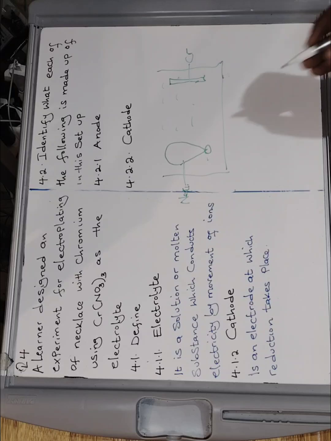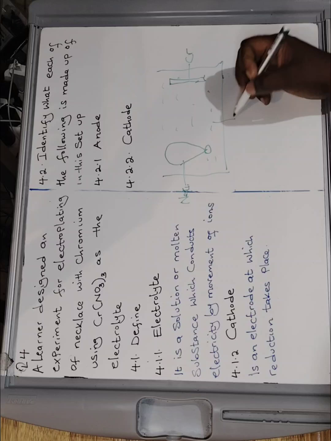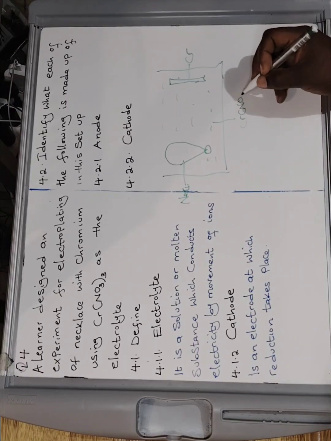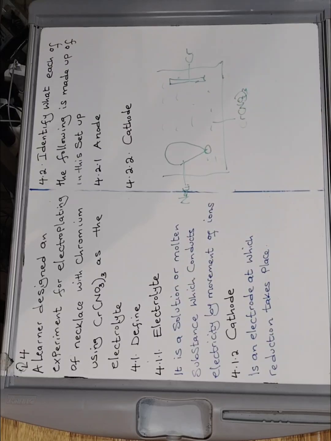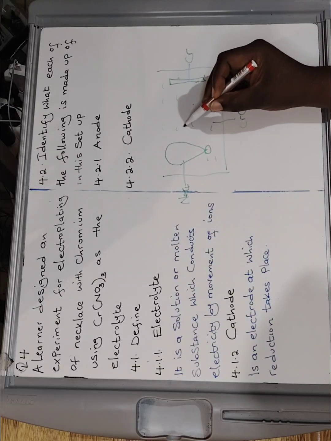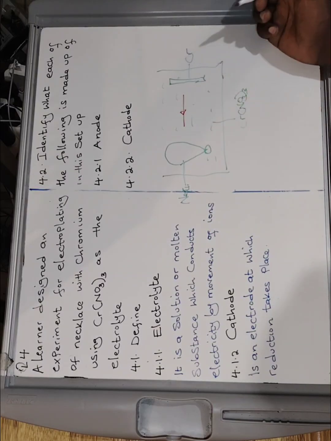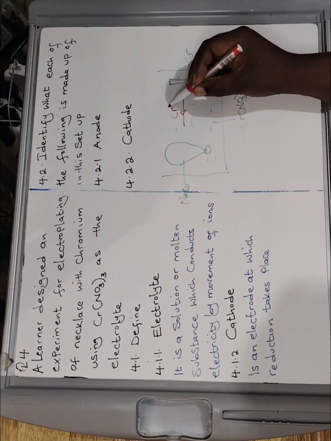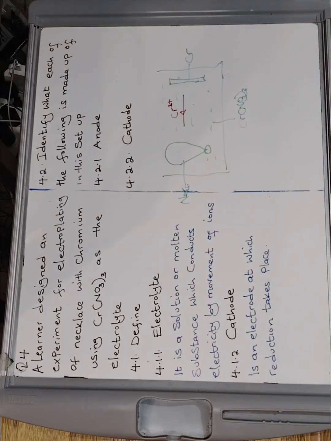Another basic principle is that this electrolyte must be a soluble salt of chromium, preferably chromium nitrate. Another basic principle, which is very important, is that the ions are moving from this chromium metal towards the necklace. So these ions are the chromium ions.